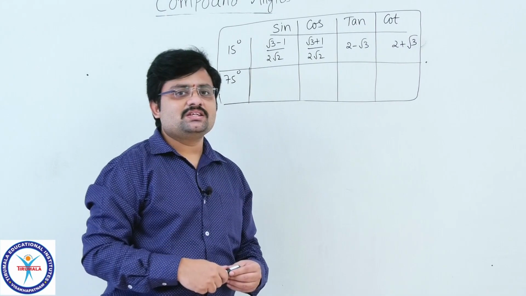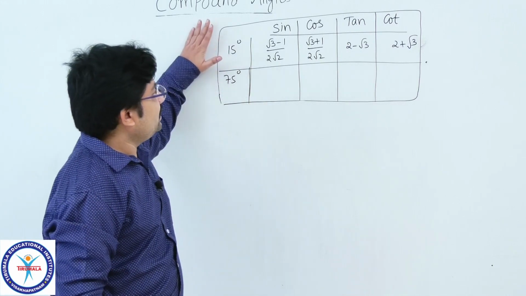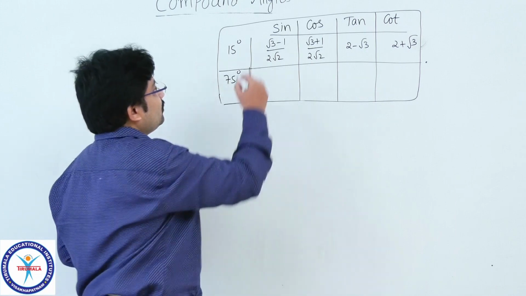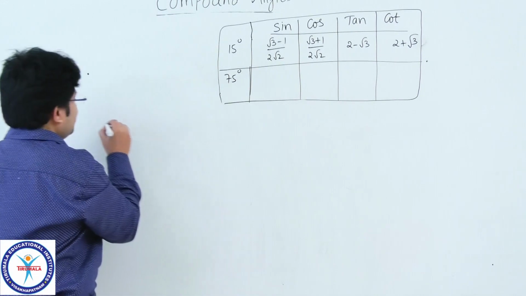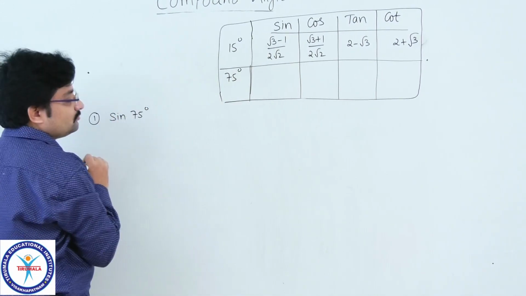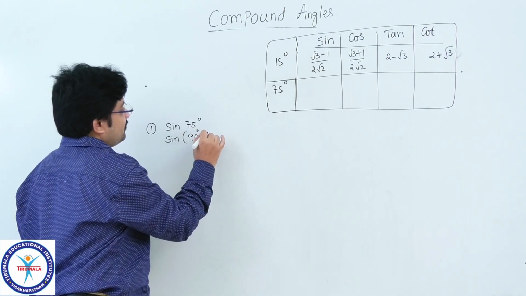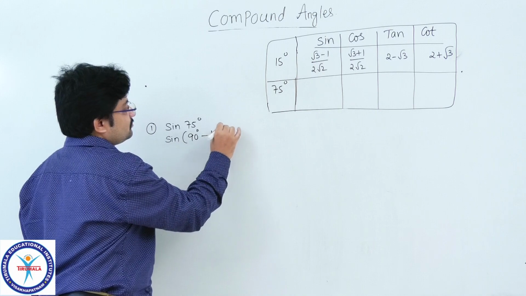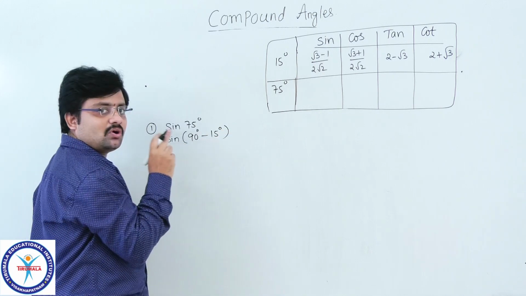We have derived the values for sin, cos, tan and cot for 15 degrees and they are given in the tabular form. Now let us find out these values for 75 degrees. In that, first one is sin 75 degrees. Sin 75 degrees can be written as sin (90 degrees minus 15 degrees). So we know that sin (90 minus theta) is cos theta.